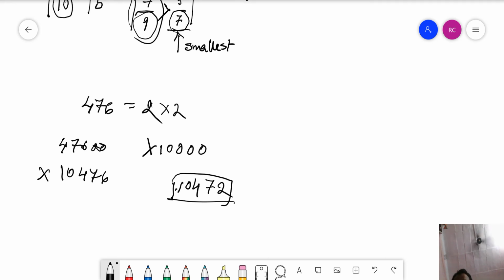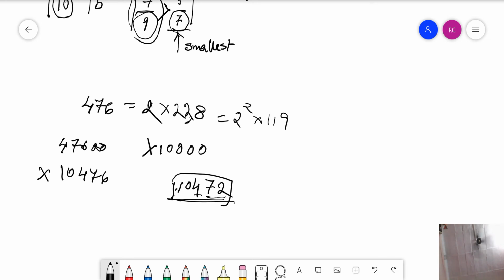No, it appears twice. Yep, it appears twice. So is this divisible by 4? 72, 4, and this whole thing? Yes, it looks like it is divisible by 4, right?